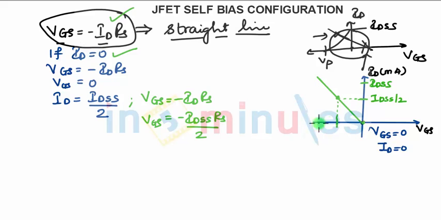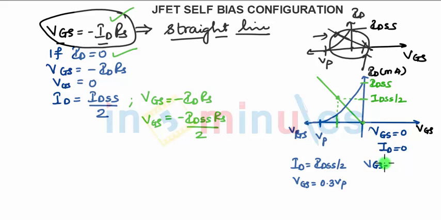Now you know how to draw the transfer characteristics. As I have told you, you have VP on the x-axis, you have VGS. The point where we stop is VP. So you know how to draw by taking 2 points. One coordinate is ID equal to IDSS by 2, for which you will get VGS as 0.3 of VP, and for VGS equal to VP by 2, you will get ID equal to IDSS by 4.